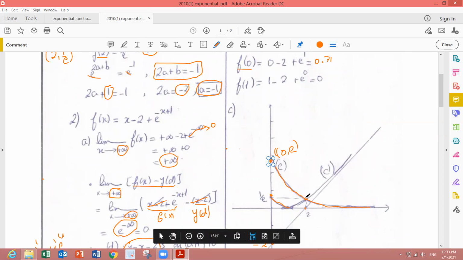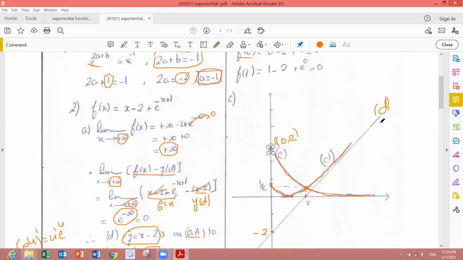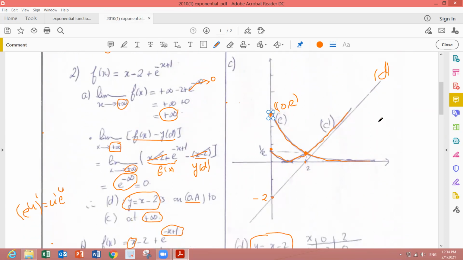It will cut the curve at 2, 1 over e. It will pass by this point 2, 1 over e, then it goes near the oblique asymptote, which is D. This curve is called C prime.